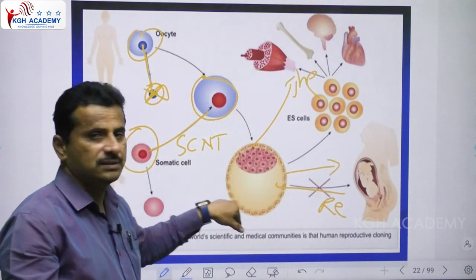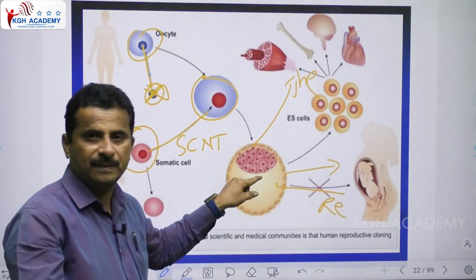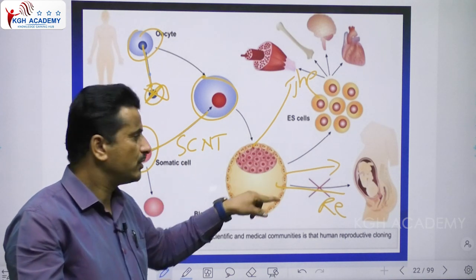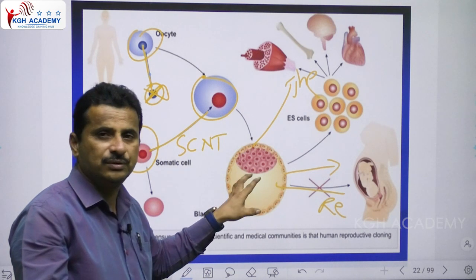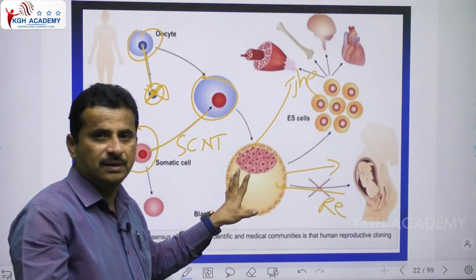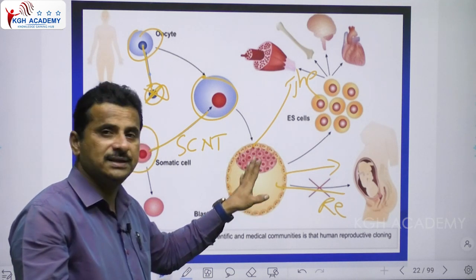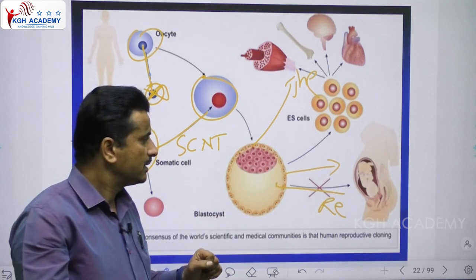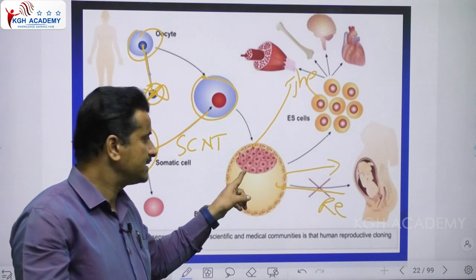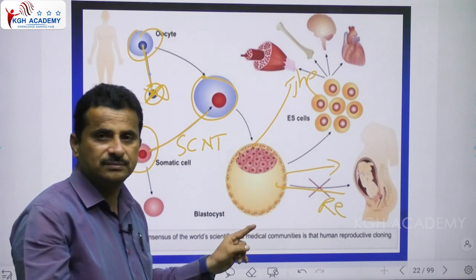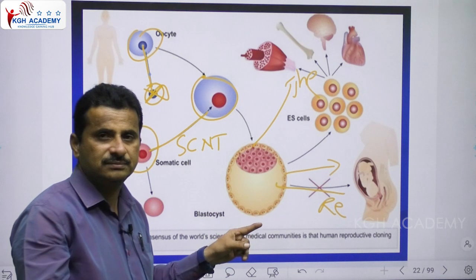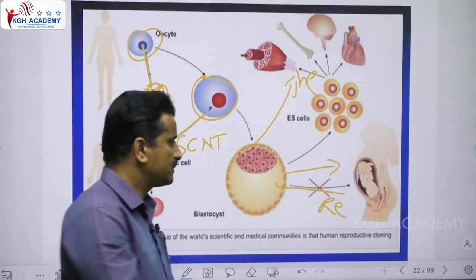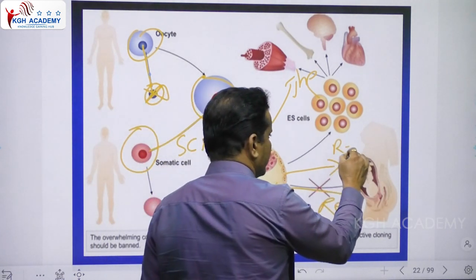Up to here, the method is the same. That means through somatic cell nucleus transfer, producing an embryo is the same up to here. From here, how we utilize this embryo, based on that, there are two types of cloning. Utilizing this embryo to produce another organism or another animal of the same type is called reproductive cloning.